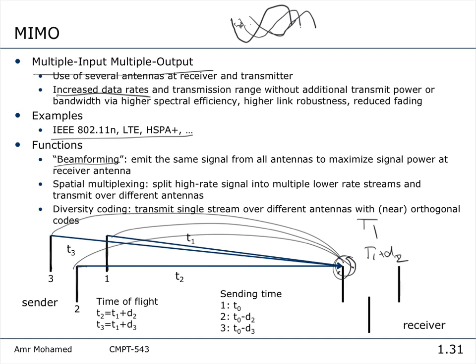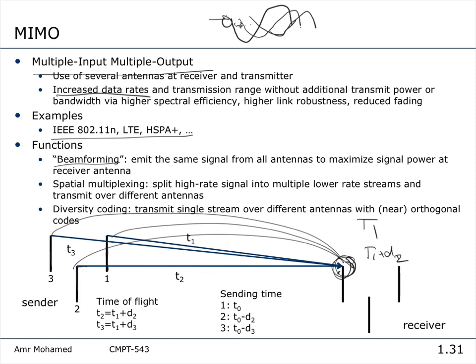So that I know that if I transmit these signals like this from the different antennas, by the time they arrive here, they will be exactly co-phased. Is that clear? Because the distance between the three is different. Exactly. Okay.